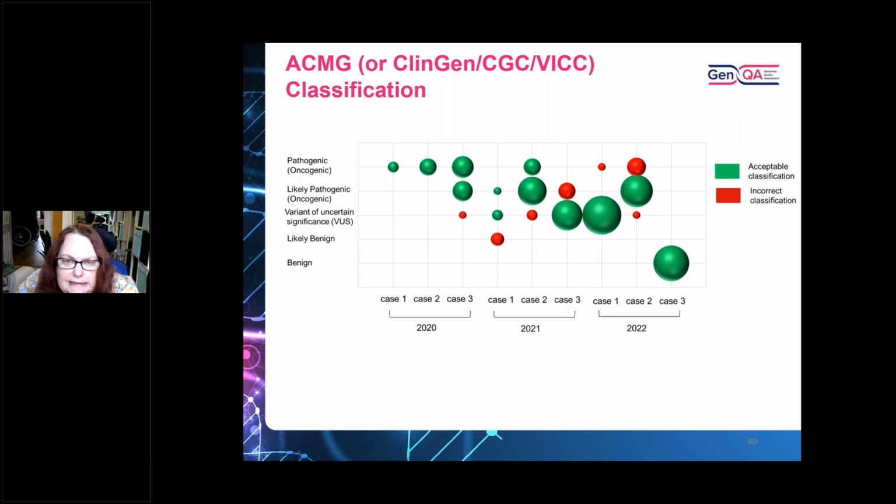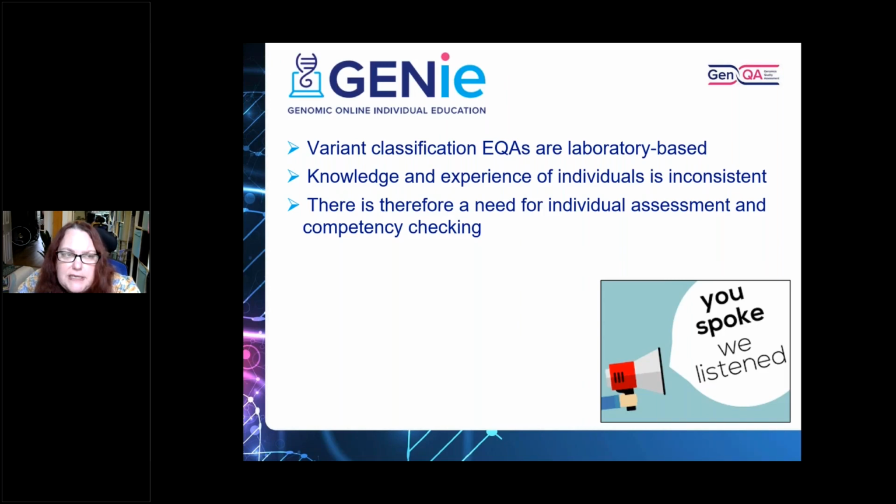So next slide. Variant interpretation is a very complex procedure, and these EQAs that we run are generally laboratory based. However, variant classification is done by individuals with their own knowledge and experience. And we recognise that there's a need for individual assessment and competency checking.